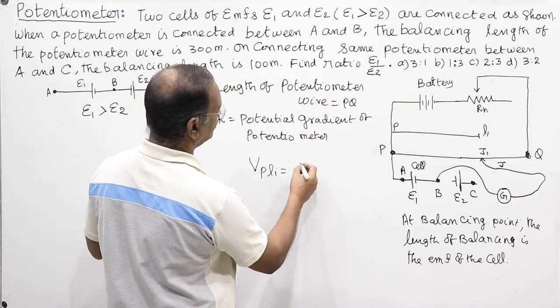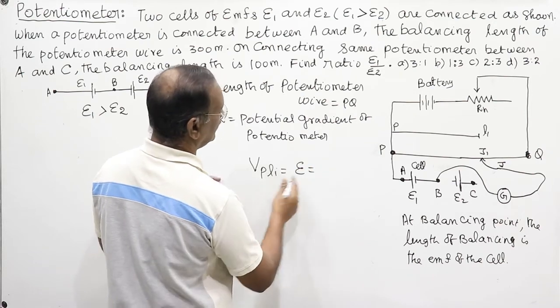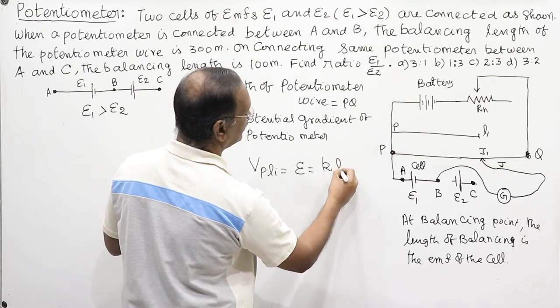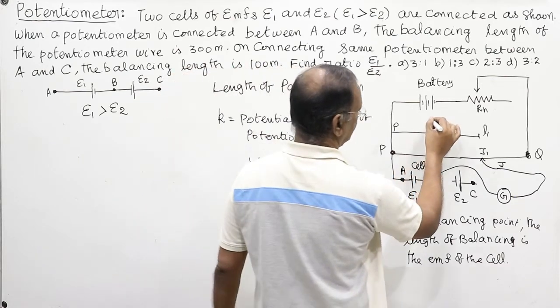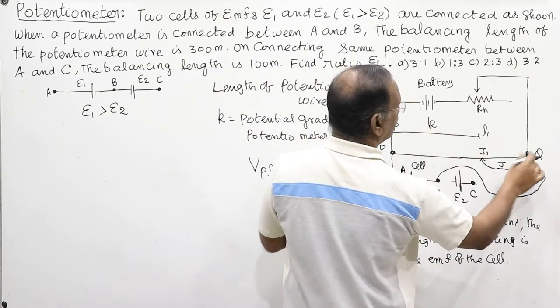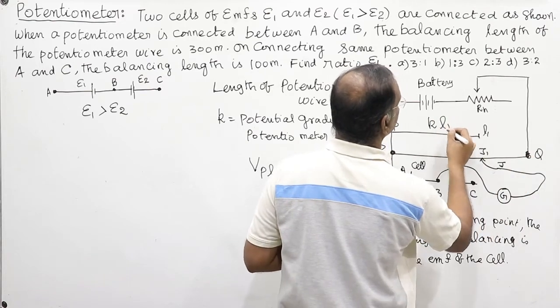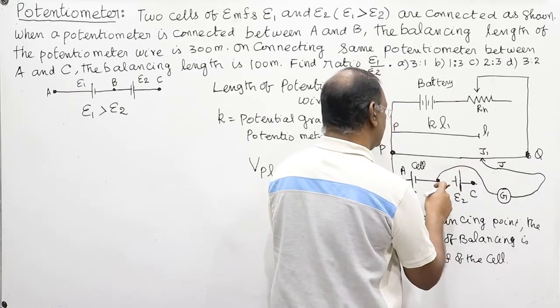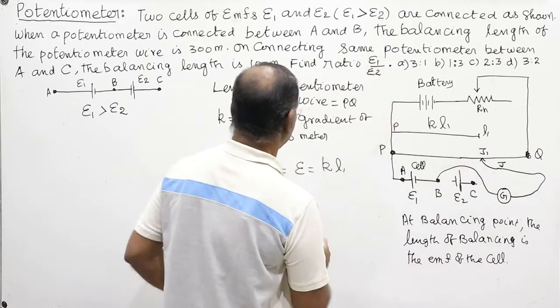is equal to the EMF of the battery, and VL1 is what? The potential gradient into that length, that is K, the potential gradient of the wire, into this length. This is the potential difference, and that potential difference in this condition is equal to the EMF of this cell, that is E1.